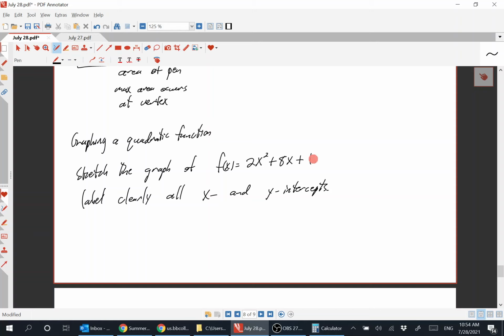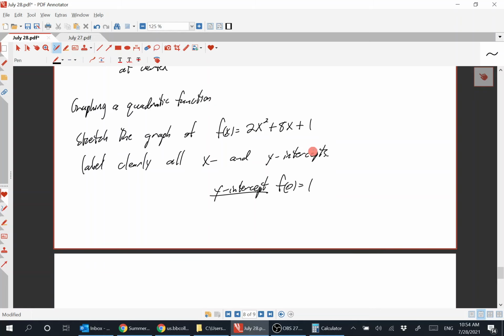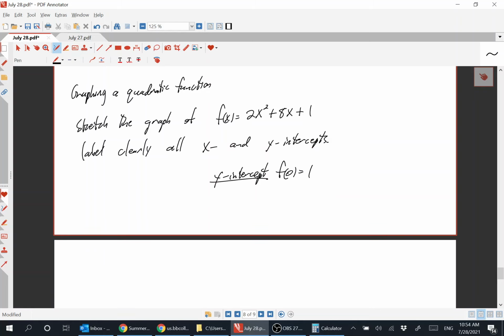But first of all, the y-intercept is right there. It's 1, the constant term in a quadratic function. The y-intercept of any function f of x is f of 0, where x is equal to 0. In this case, it's 1. So the y-intercept is 1.